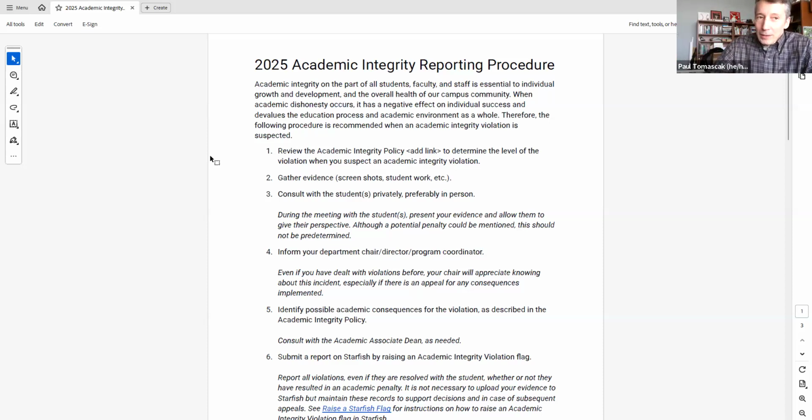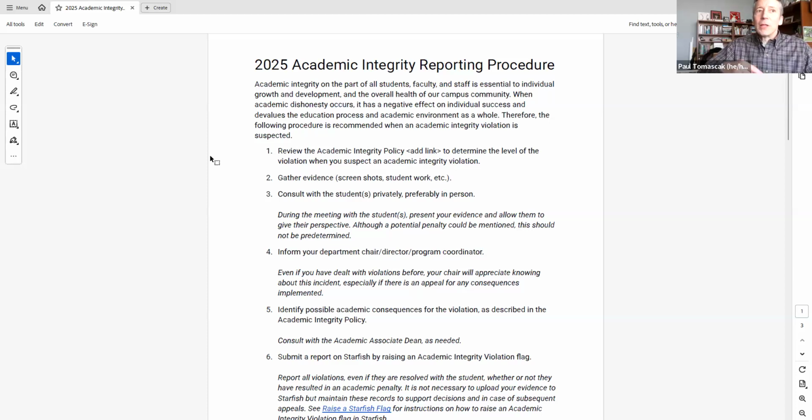We want to have record of any sorts of violations, because it may be that a student does something that you see, that you think is relatively minor in your class. By entering that violation report, regardless of what the penalty is, including zero penalty, it allows us to, on a later day, determine whether that student is a repeat offender or not.